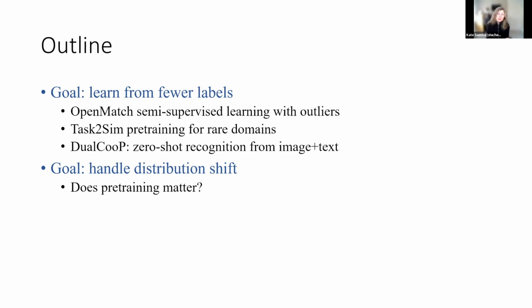Then a bit about zero-shot classification problems. And then I'll finish by talking about this idea of, does pre-training matter for handling distribution shift? Does pre-training on large-scale models, training larger models, have an effect on generalization to novel domains?